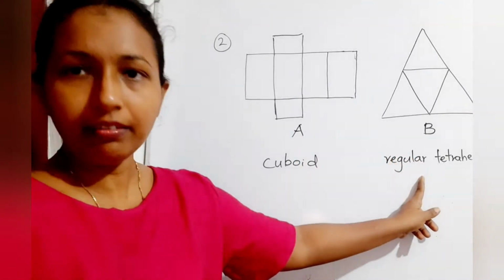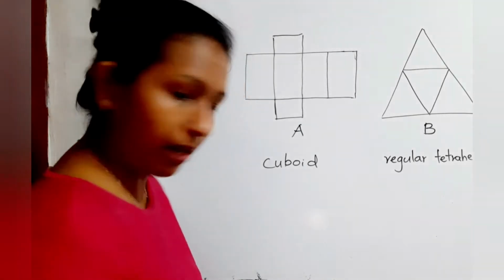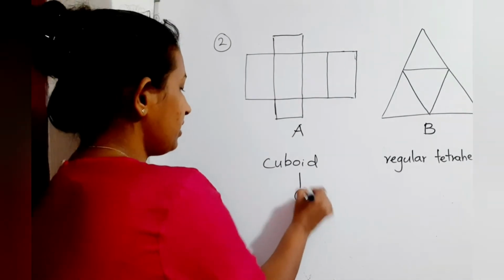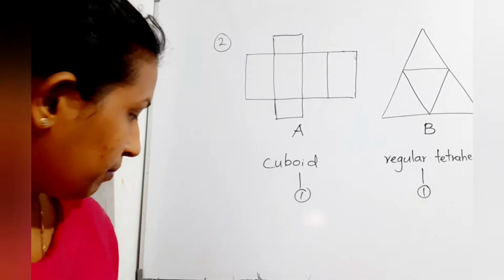Cuboid and regular tetrahedron. You will be given 2 marks for that, 1 mark for this one and 1 mark for this one. That is how you will be given marks for that part.